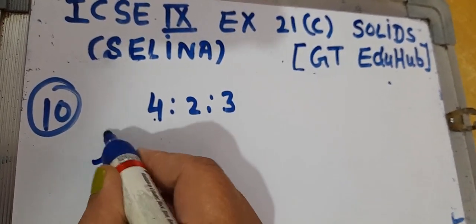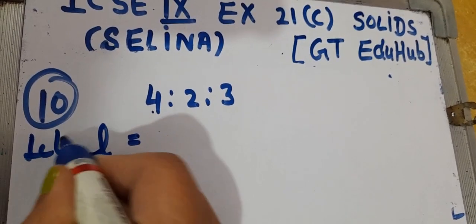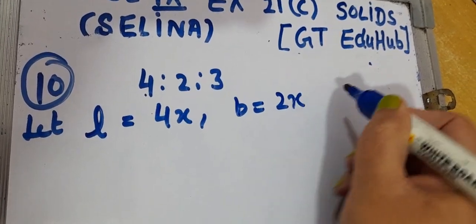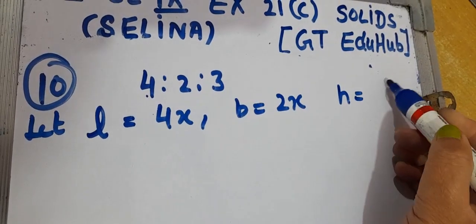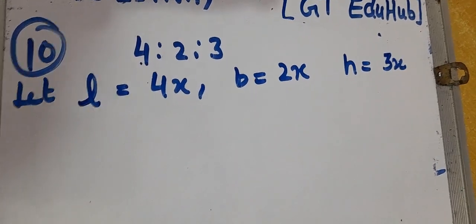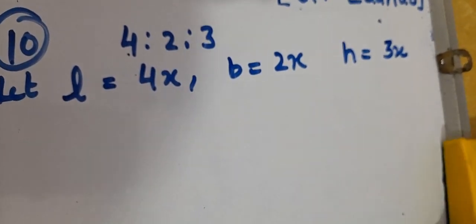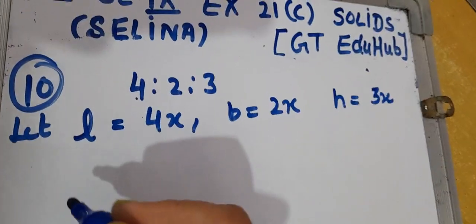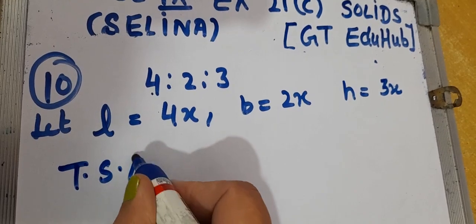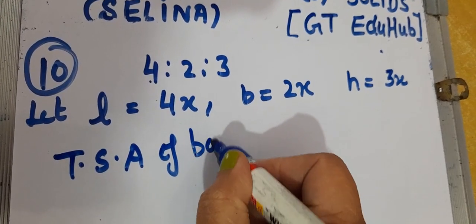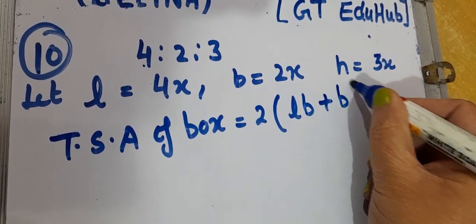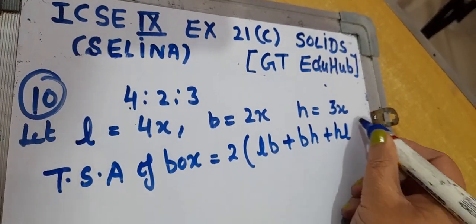So let's start. Let length L equals 4x, B equals 2x and H equals 3x. Now the difference between cost of covering it with paper. Covering with paper means we have to find the surface area. It is a rectangular box, so we will find total surface area of the box, which is a cuboid. It will be 2 into LB plus BH plus HL.